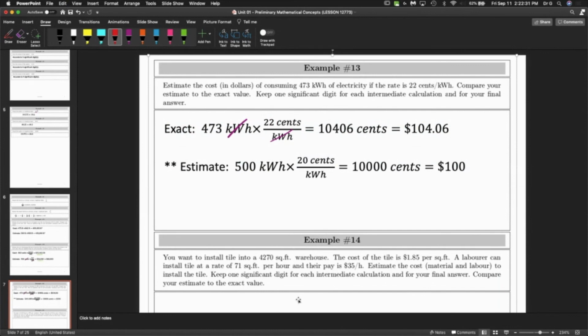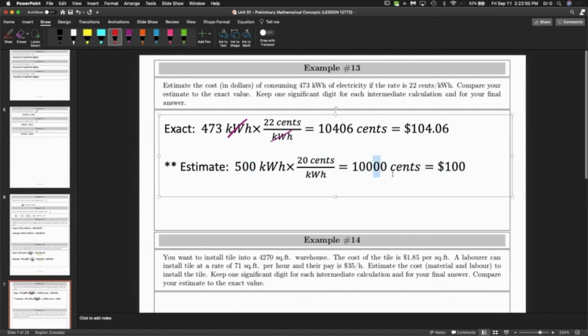Okay, so 100 bucks. The nice thing is that you can look at a statement. Let's say an employee walks into your office and says, "Sir, our hydro bill is $10,000." And then you look at the bill and someone screwed up something about a decimal point. You can quickly figure out silly mistakes like that, even flagrant mistakes, by estimating with very few significant digits and ironing out the situation.